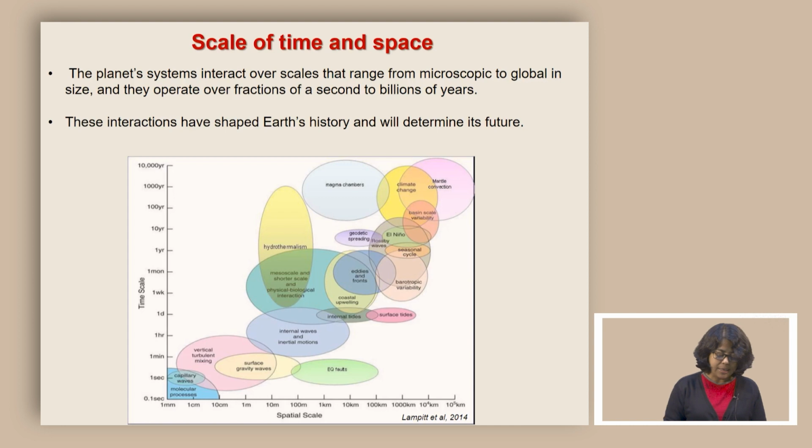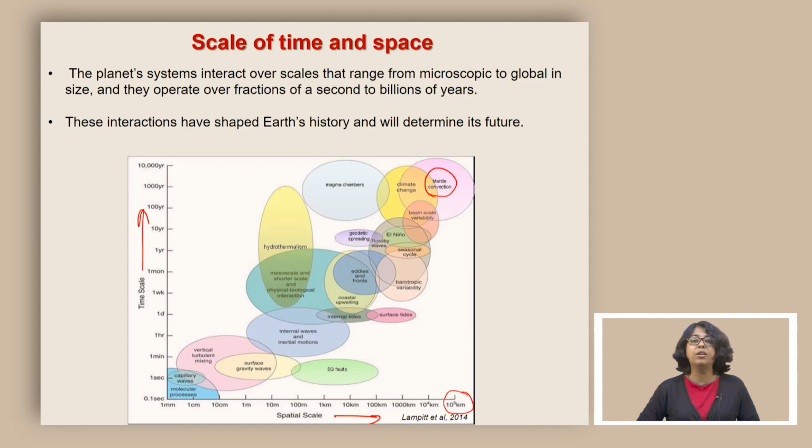And what you will see is this is a time scale and this is a spatial scale. There are things that are happening deeper inside the earth, something like mantle convection, which operates at the scale of 10,000 years and in a spatial scale of 10 to the power 5 kilometers, which is really large.